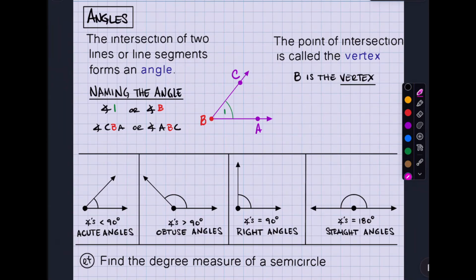When you're given an angle, it's named different ways, right? It could be named with 3 letters, where the letter in the center would be your vertex, or where the angle is, or if you label it as angle 1, or you can label it as angle B, which is the vertex. Okay?